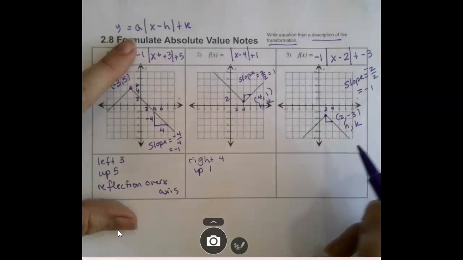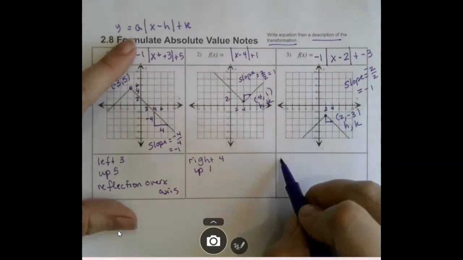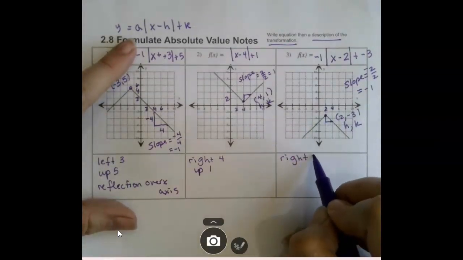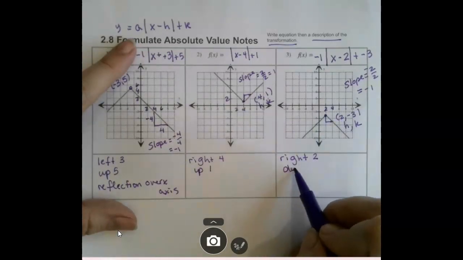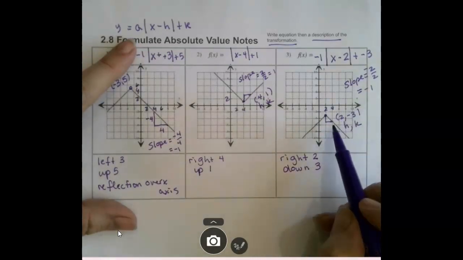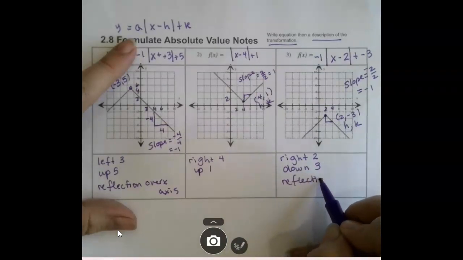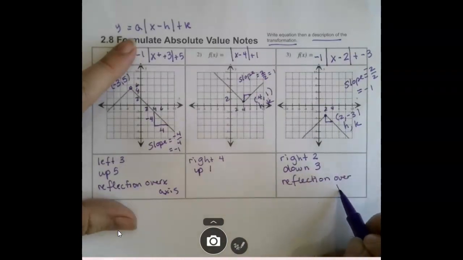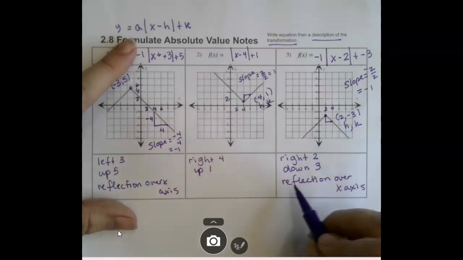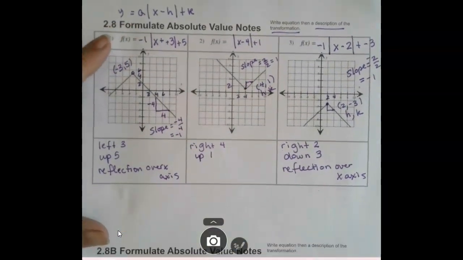Let's write our translation. So that's right 2, down 3, and reflection over x-axis. The reflection is always going to be over the x-axis in these.